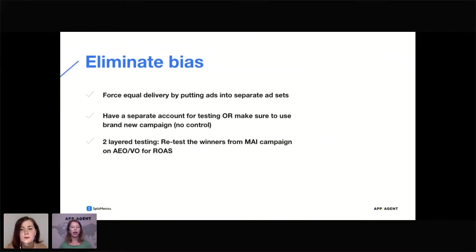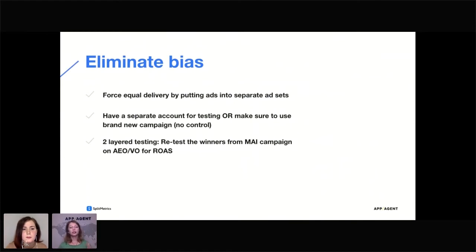So first of all, I would always recommend you to do A/B tests manually and refrain from using the built-in features, just because they don't ensure that you will always get equal delivery. So how you can ensure that you do get equal delivery for all your assets is simply put one ad per ad set, using, of course, ad set budget.